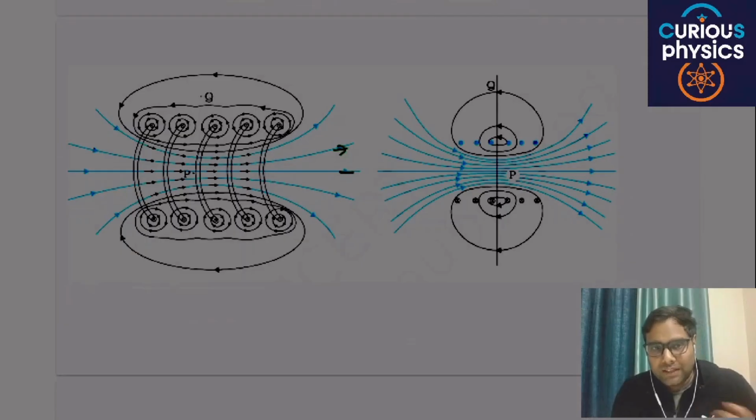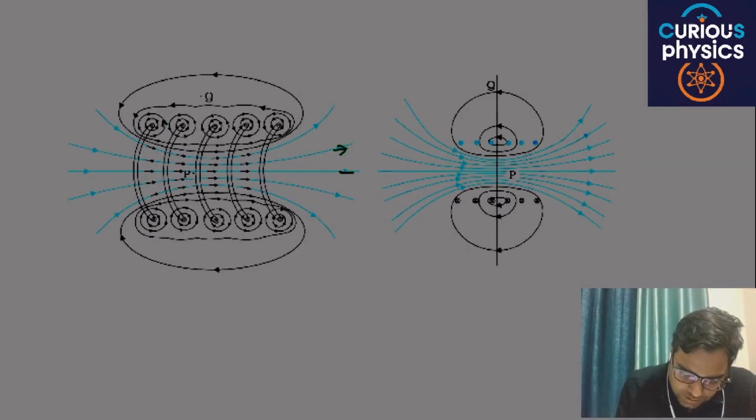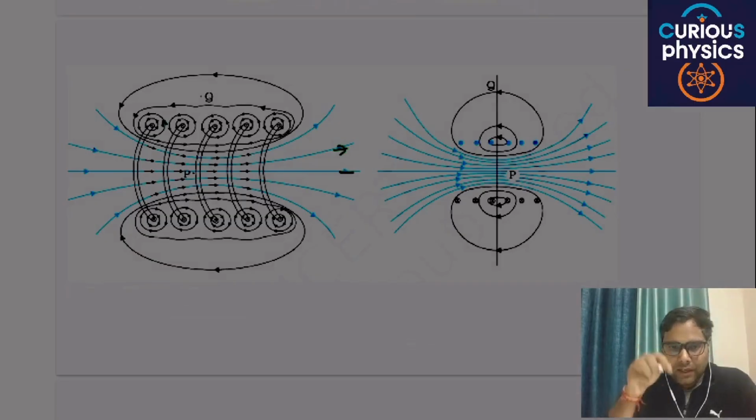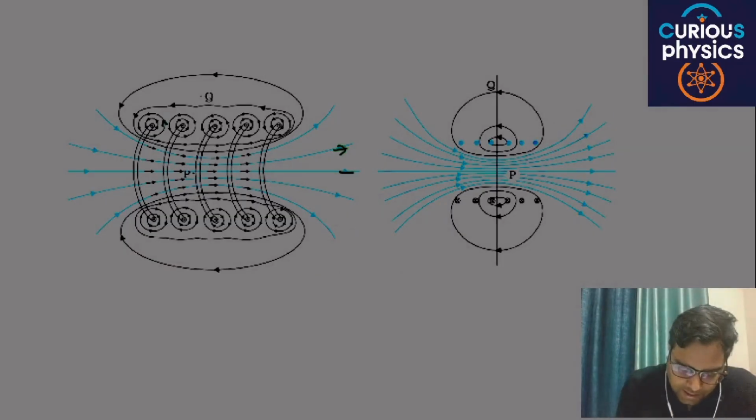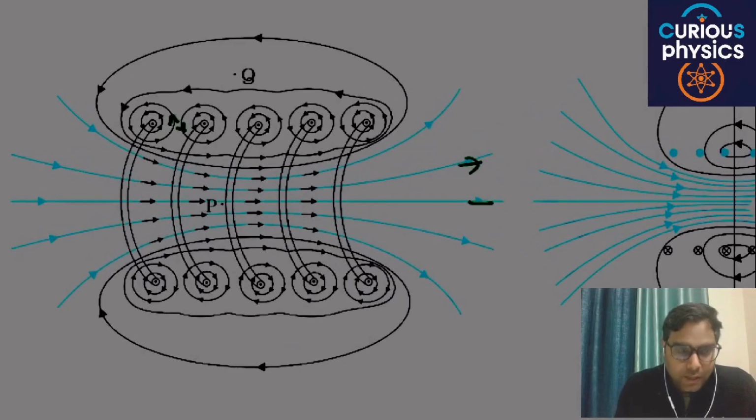One more thing: at these points, the directions of the magnetic fields of adjacent loops are opposite. Are you able to see this or not? At the center you will get a uniform magnetic field.